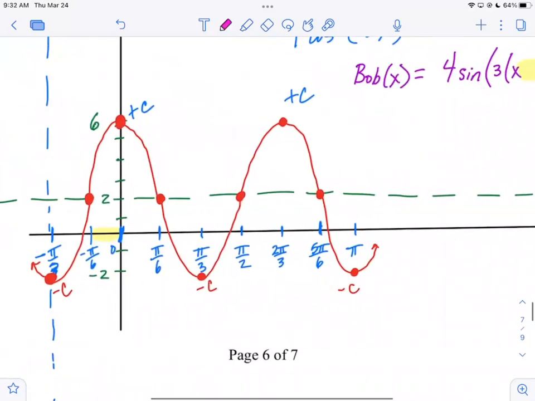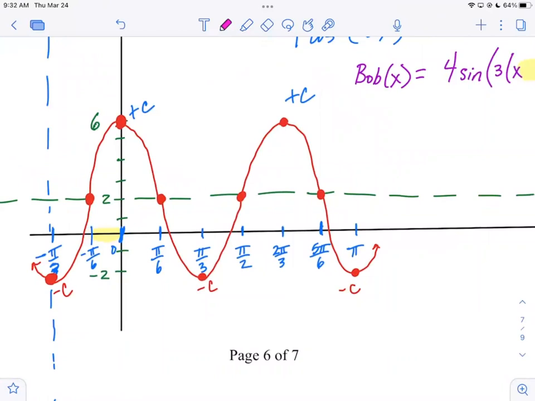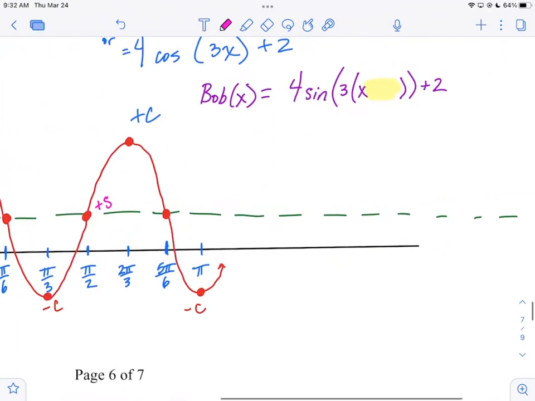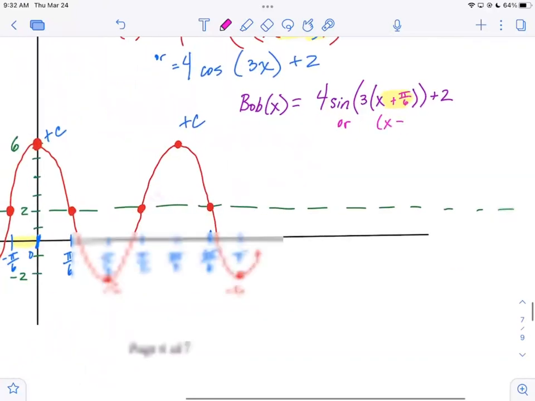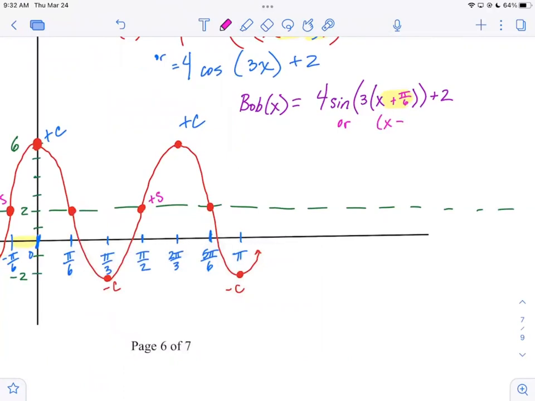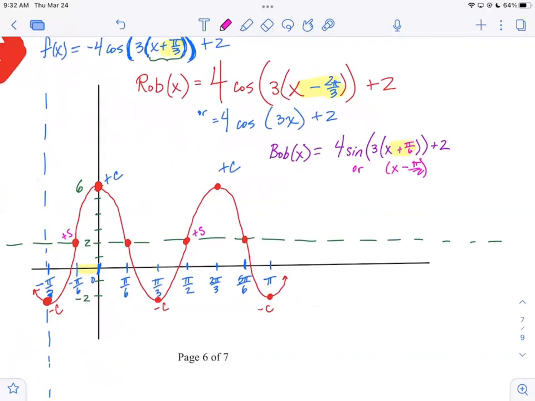Where am I on axis going high? At pi halves or at negative pi 6. Now, if I want to do negative pi 6, remember it's the opposite, so it would be plus pi 6. Or you can have x minus pi halves for the inside.